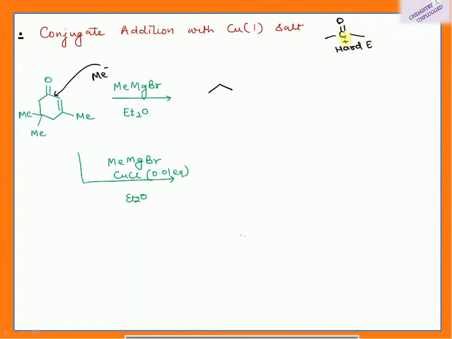And the double bond of an alpha beta unsaturated compound is a soft electrophile. So if we have a Grignard reagent, then it will provide a hard nucleophile, so it will show direct addition. This will be the product. One more possibility is that it will show an elimination reaction and give this product also.